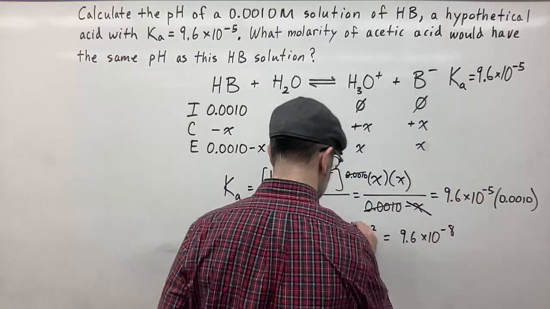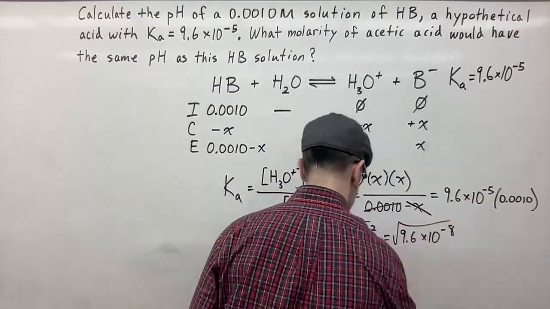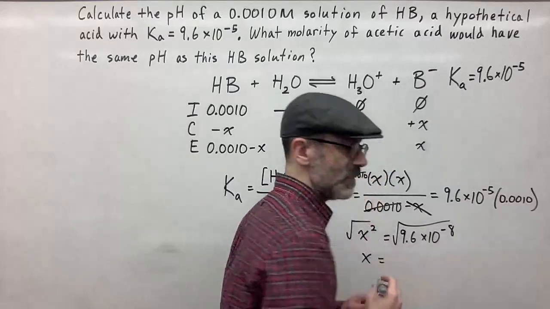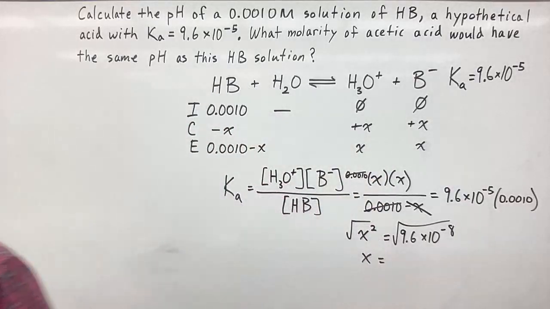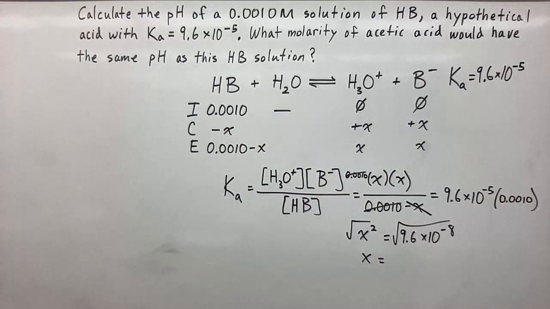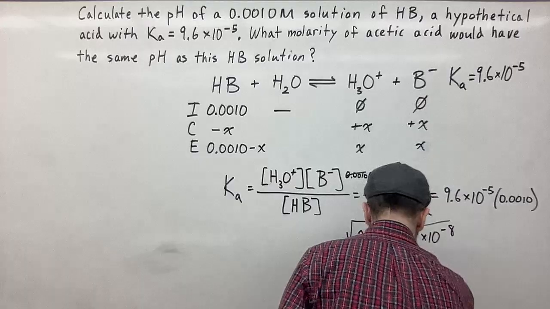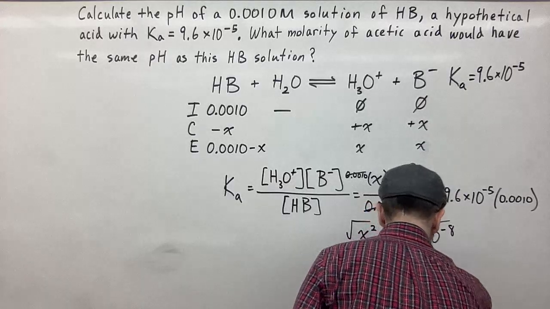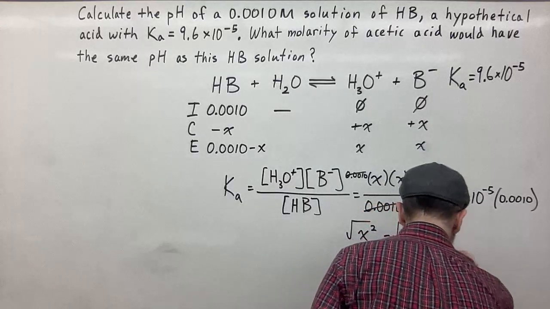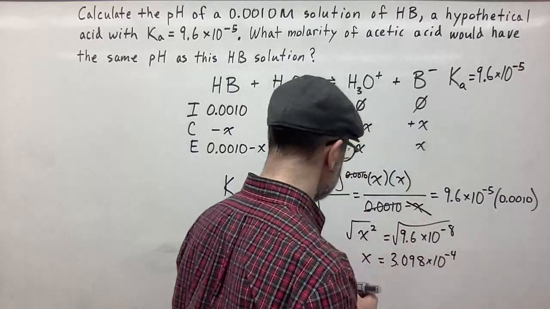And if we take the square root of this, we get X is equal to 3.098 times 10 to the negative 4.